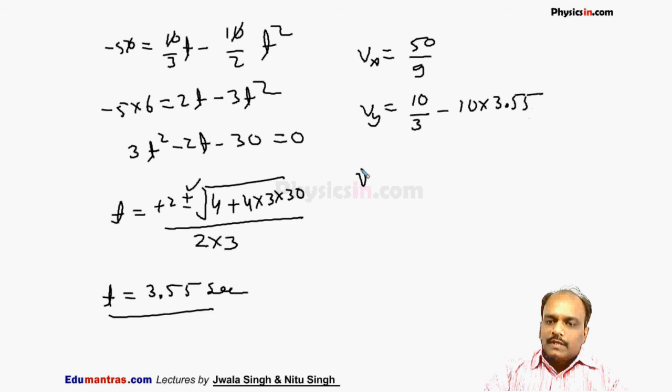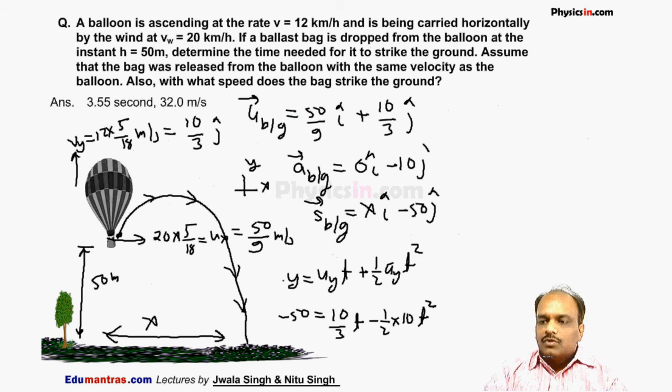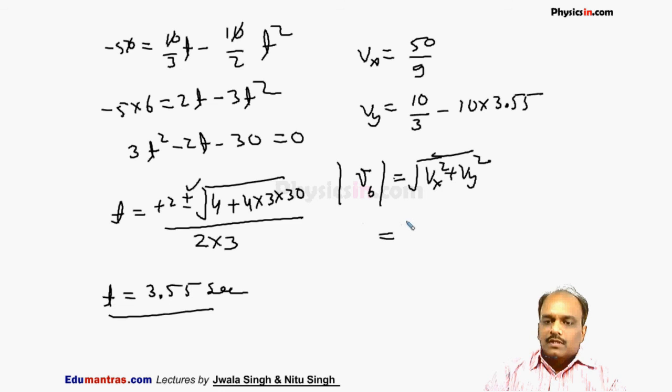Solving this we can say the speed when it strikes the ground is root over vx square plus vy square. Now solving it we get this as approximately 32 meter per second.